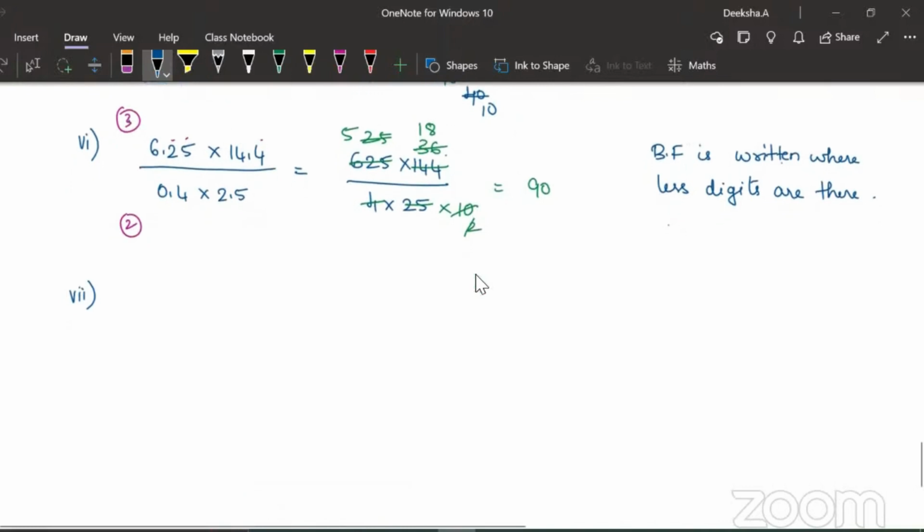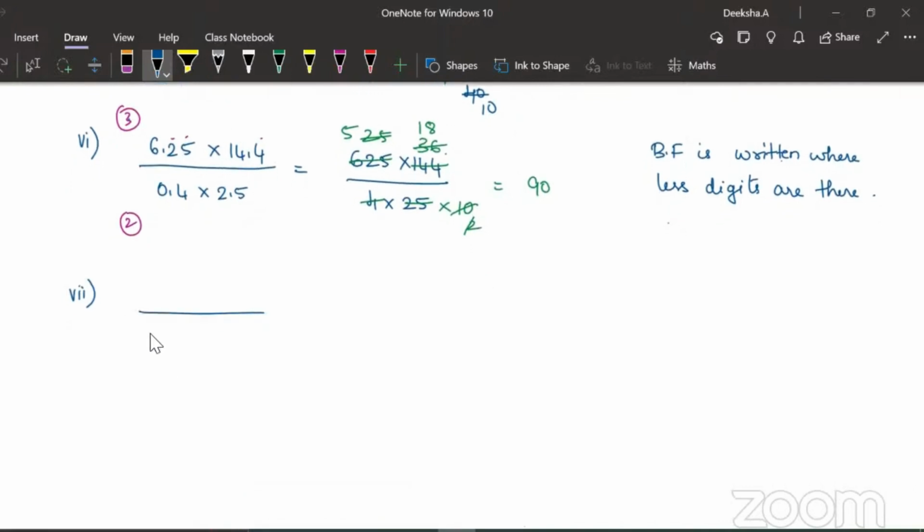Okay. I'll give one more example. There we have 1.1 into 1.08 into 0.9, right? Numerator, I will write 12.1 into 0.36 into 63.